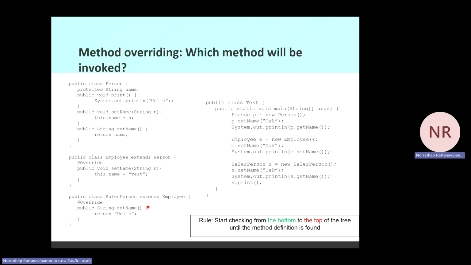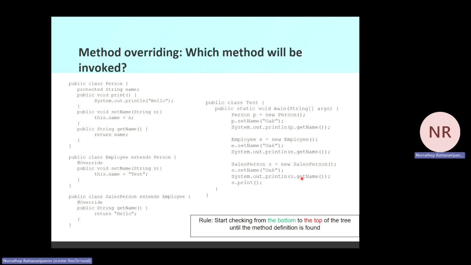You have to go up one more level to the superclass employee and see that it has setName overridden. So that's why you have to use this one. You start from the bottom and go up one level at a time, and you stop once you see the actual method you're looking for, which is setName in this case. So in here, it will use this setName implementation, which sets the name to test.